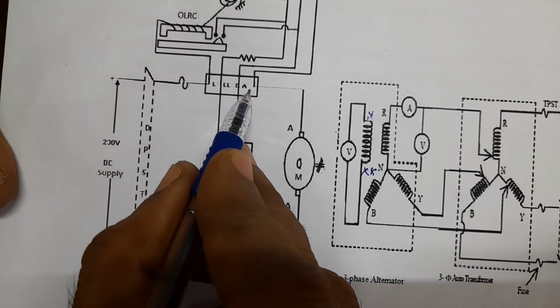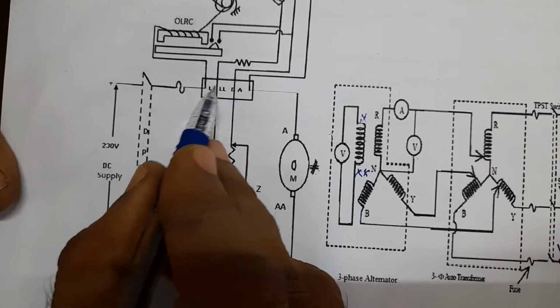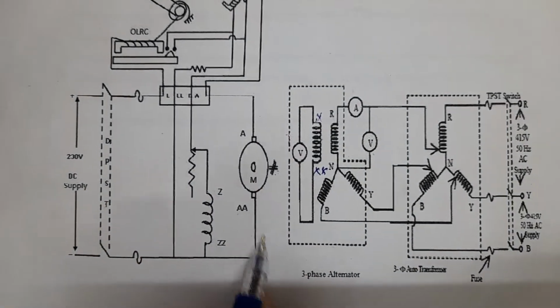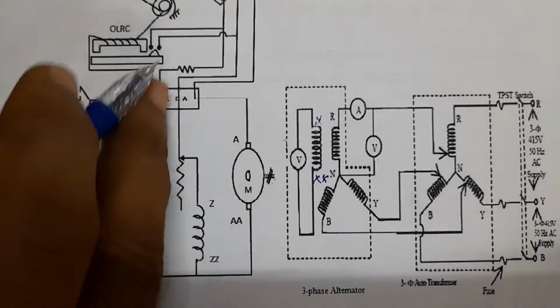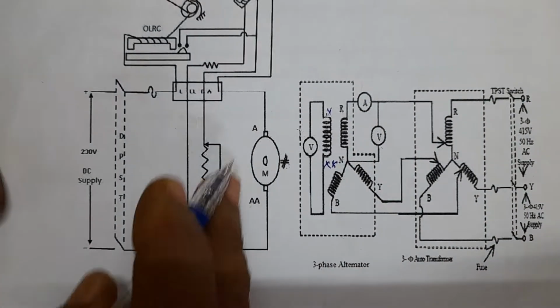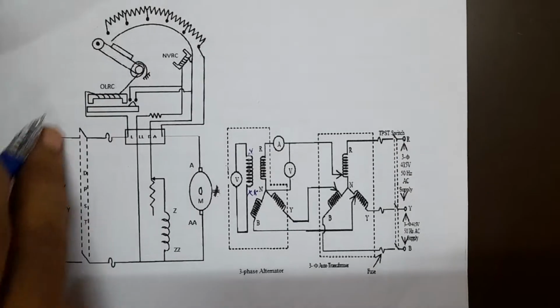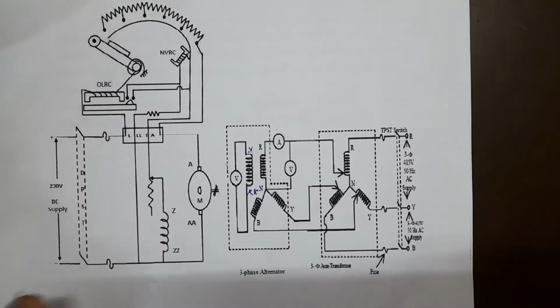Again from the armature, that is A of the 4-point starter, it is connected to AA, and then AA is connected to the negative terminal. So this finishes the 4-point starter connection to the motor, and that finishes off the prime mover connection.